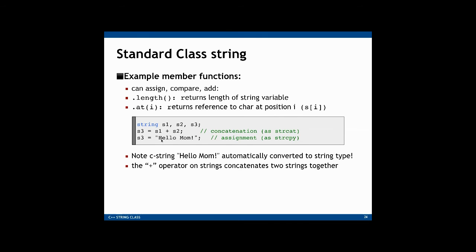You cannot assign a C string value into a C string variable using this assignment operator. You have to use strcpy for a C string value because a C string is just an array of characters. So again, using the string class, you can deal with strings in a much more intuitive way. You don't need to use the strcpy function.